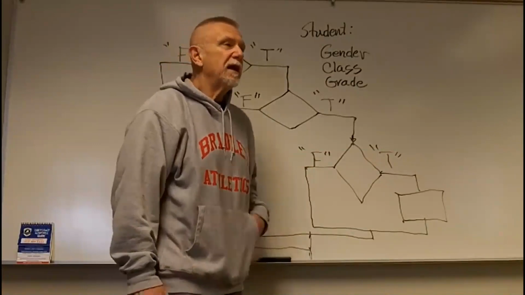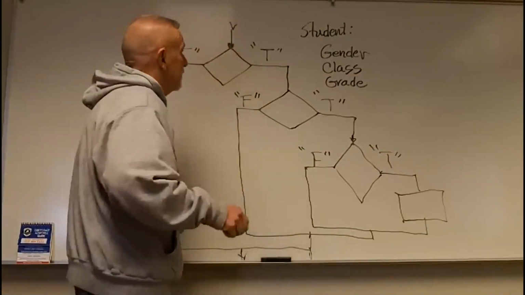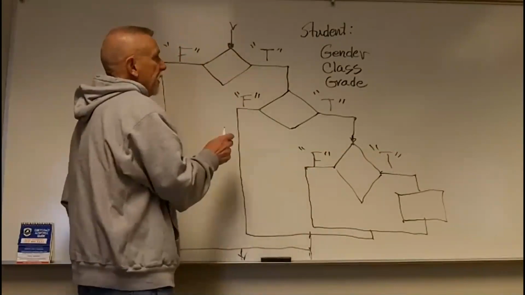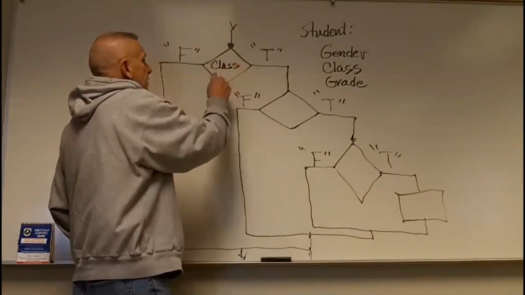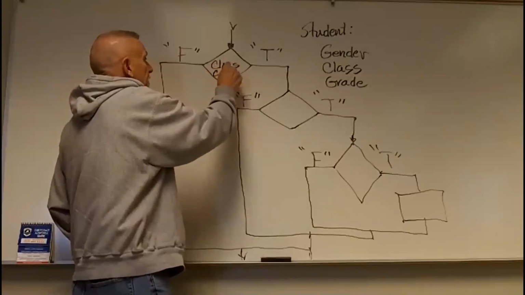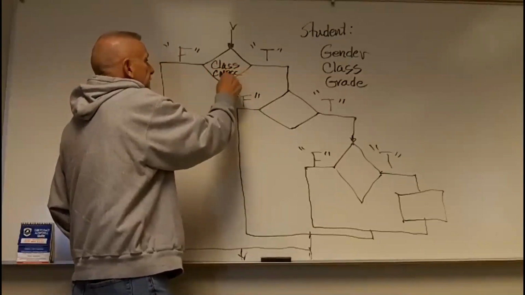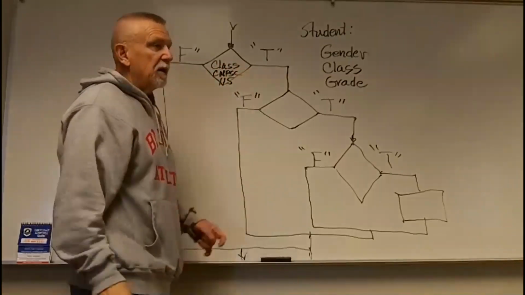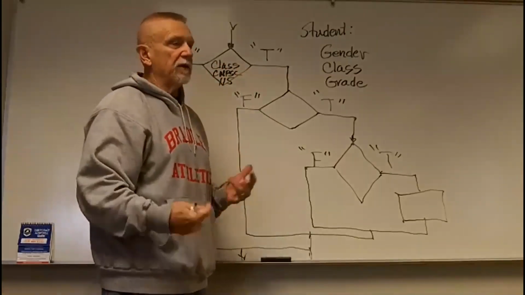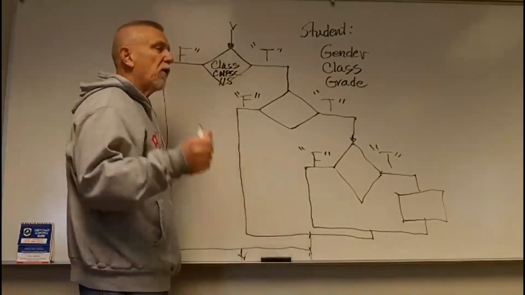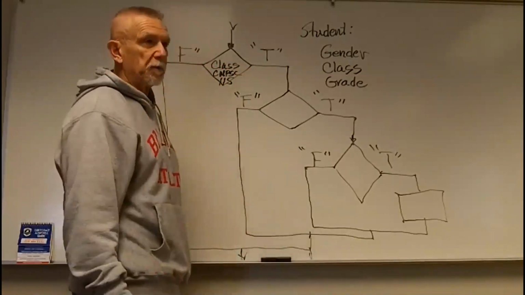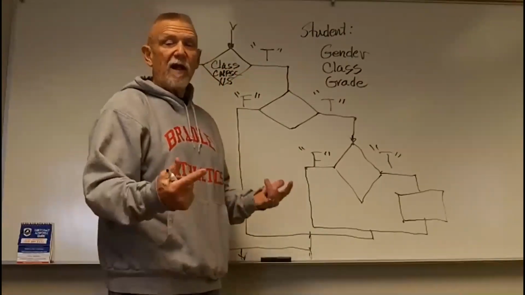Anyway, if you said female, the first thing we should check for is the class, are they in Computer Science 115, you're correct. Because if you think about it, there were 12,000, 15,000, whatever students, but only 100 of them are taking this class.